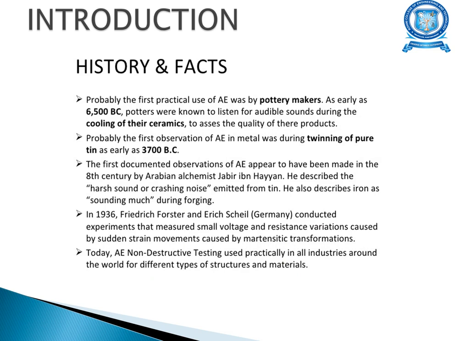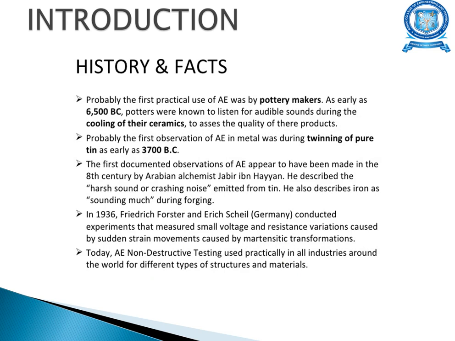The first documented observation of acoustic emission appears to have been made in the 8th century by the Arabian alchemist Jabir ibn Hayyan. He described the harsh sound or crackling noise emitted from tin, and he also described iron as sounding much during forging.